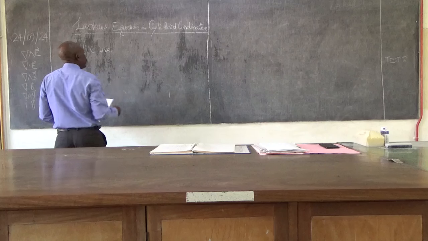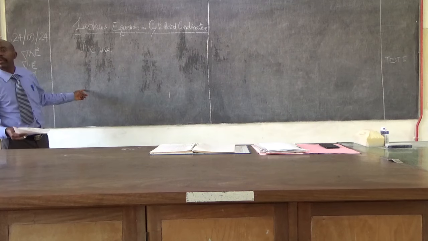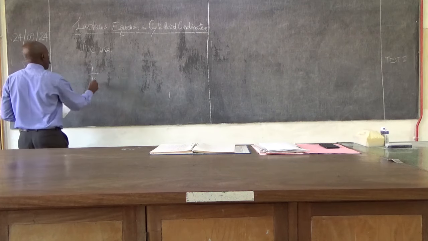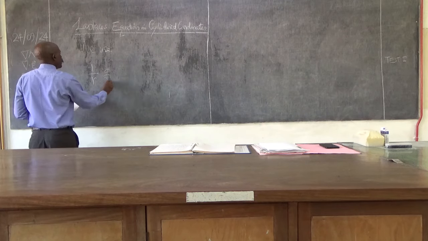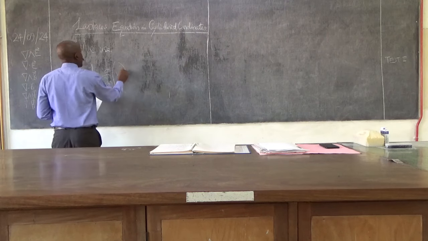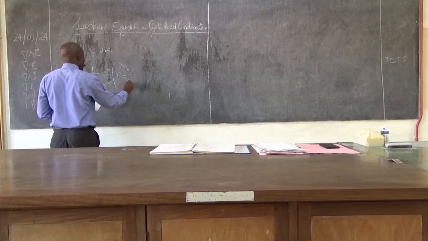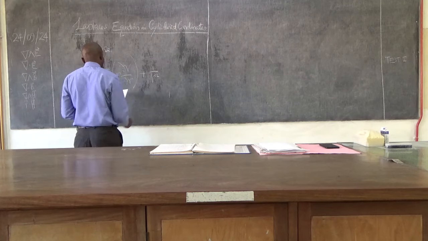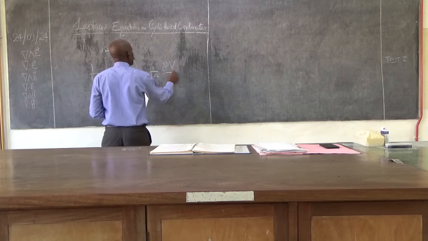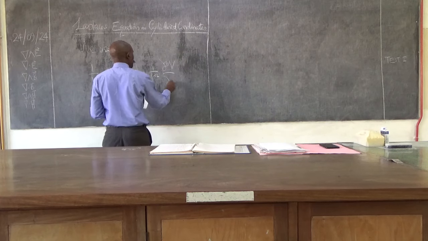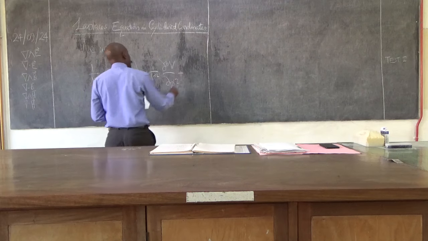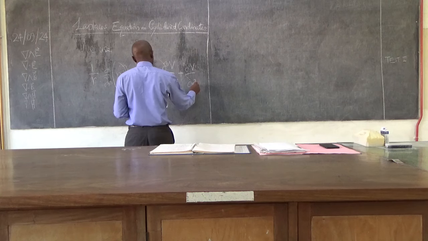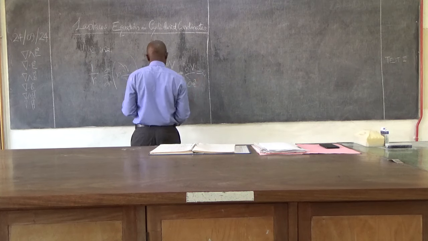So we use the expression for Laplace's equation in cylindrical coordinates, which is 1 over r ∂/∂r of r ∂V/∂r, plus 1 over r squared ∂²V/∂φ², plus ∂²V/∂z², equal to 0.